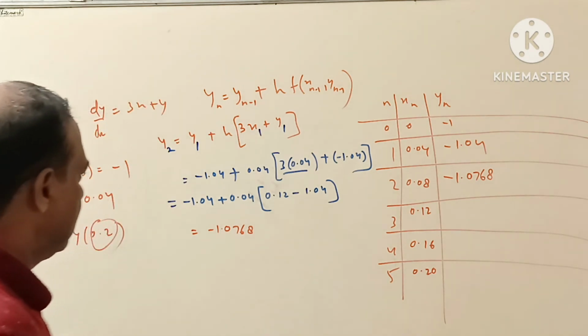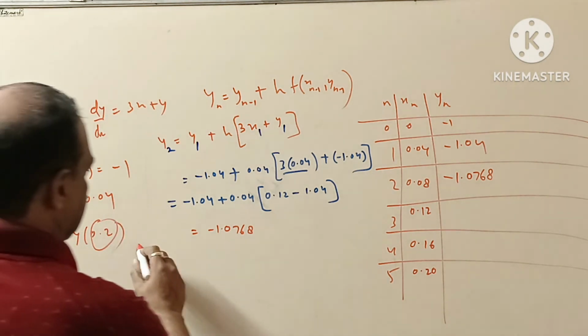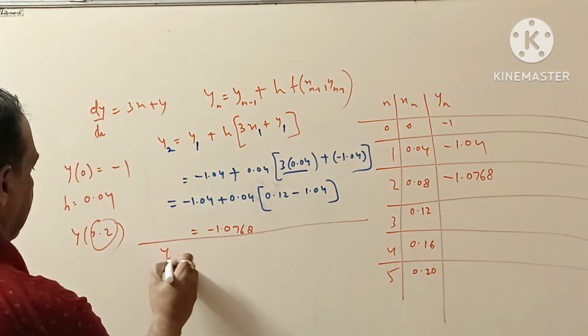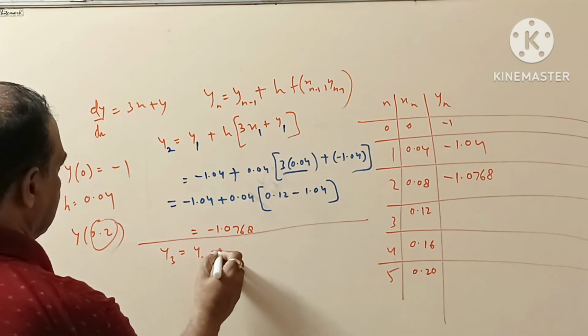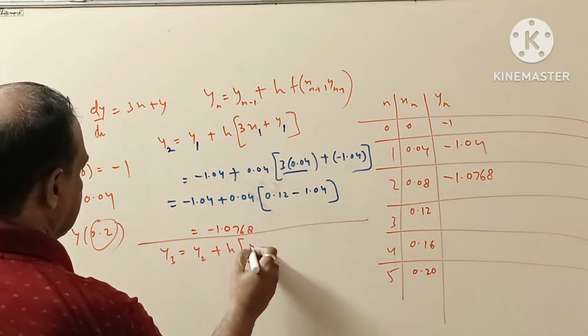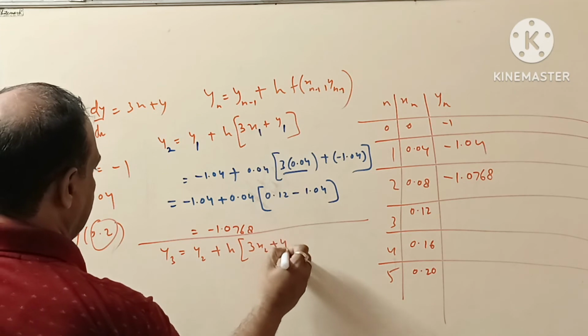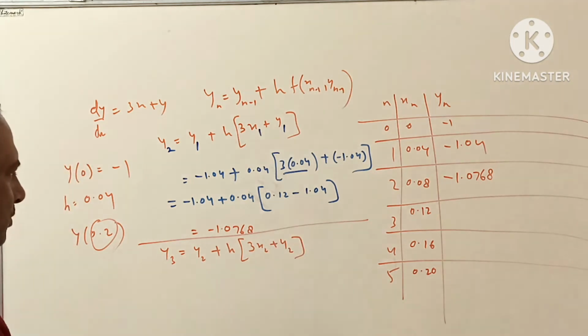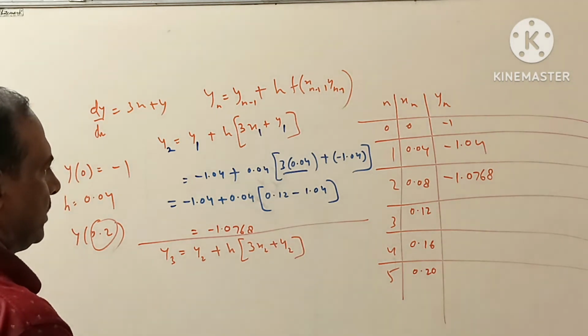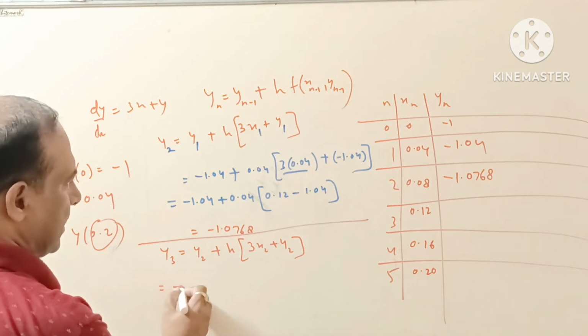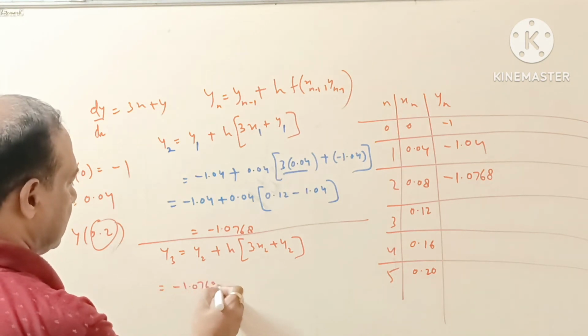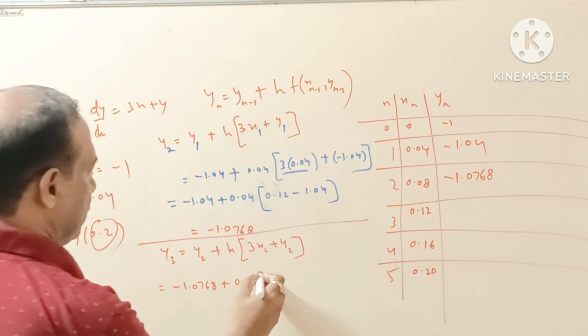Now for the third case, I have to find y3 equals y2 plus h times 3x2 plus y2. I am just putting the values there. The value of y2 is minus 1.0768. h is 0.04.